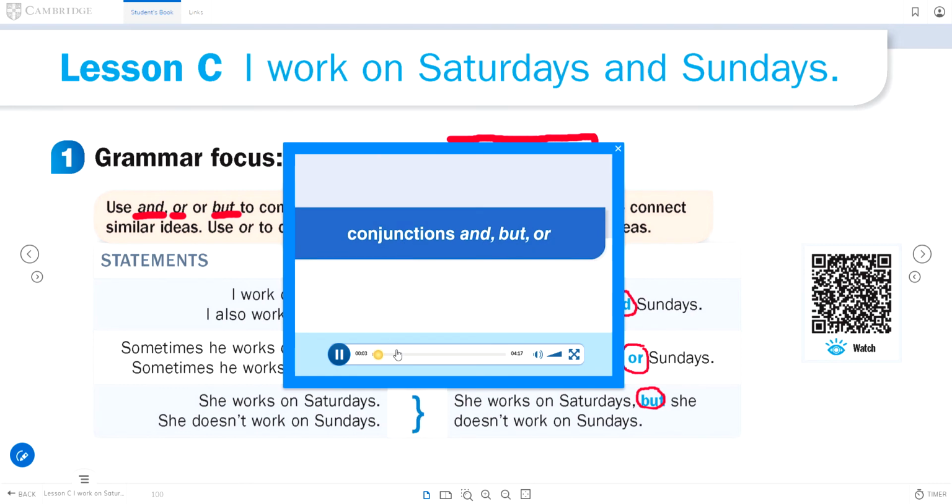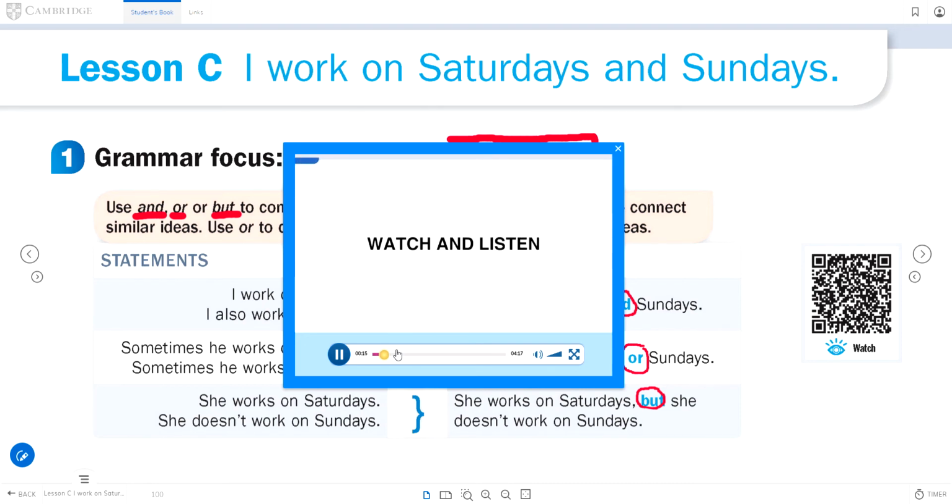Conjunctions: and, but, or. Unit 8, Lesson C. I work on Saturdays and Sundays. Watch and listen. Use and, or, but to connect words, phrases, and sentences. Grammar Rule 1.